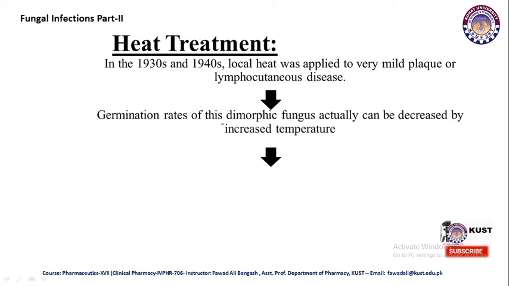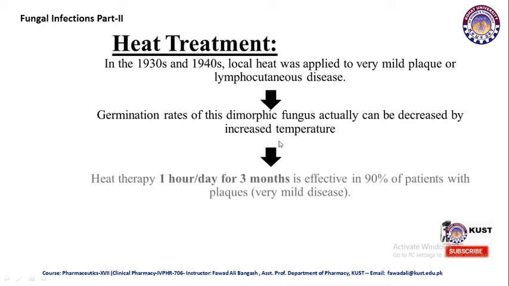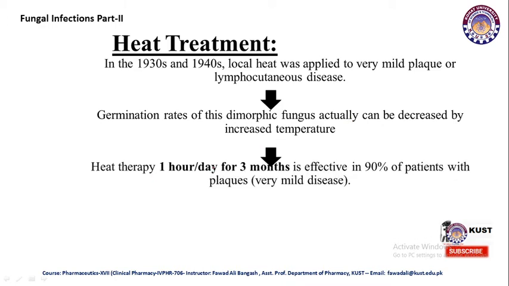The germination rate of this dimorphic fungus can be decreased by increased temperature. Heat therapy of 1 hour per day for 3 months is effective in 90% of patients with a plaque with mild disease.